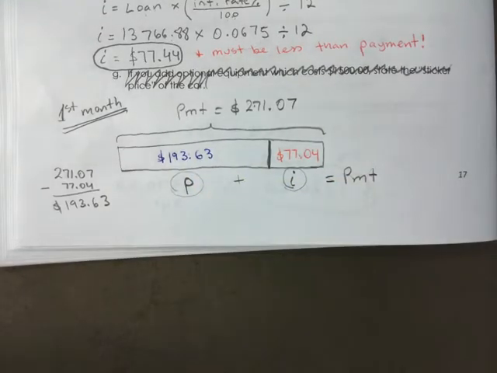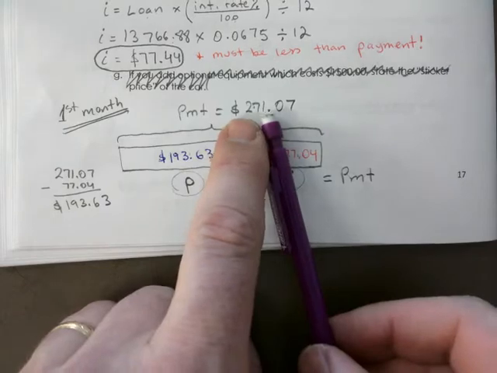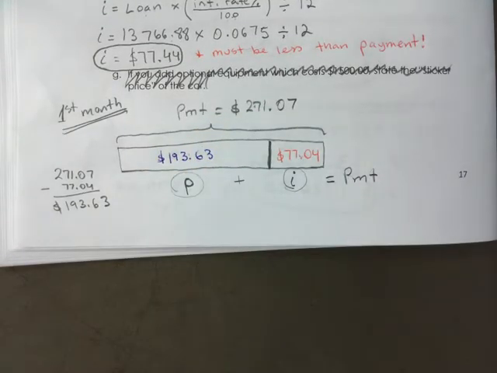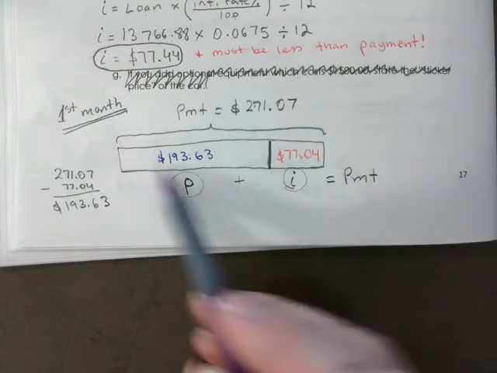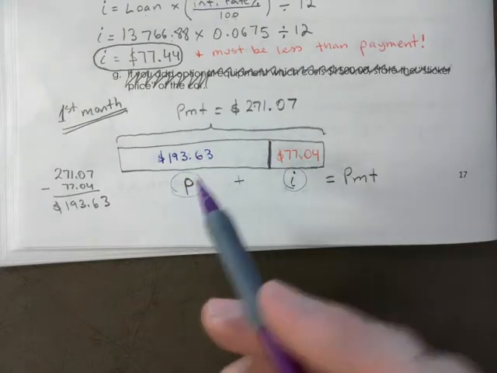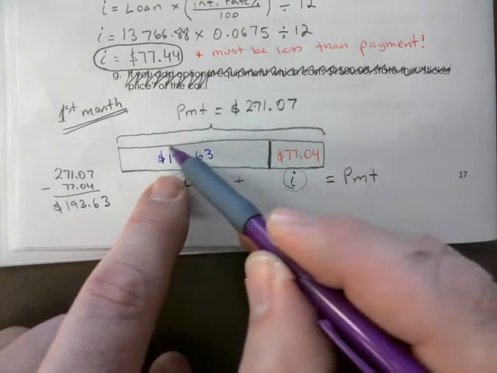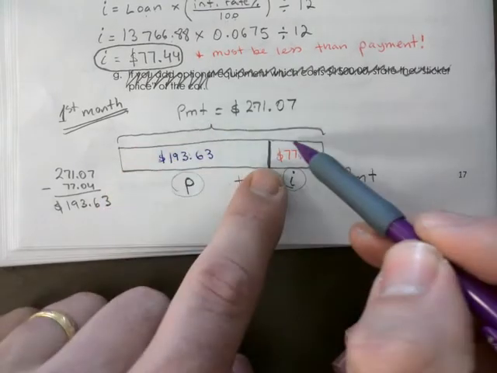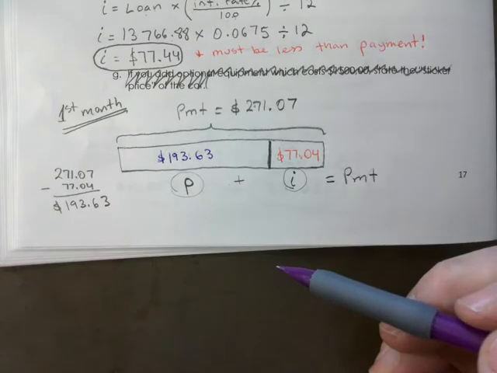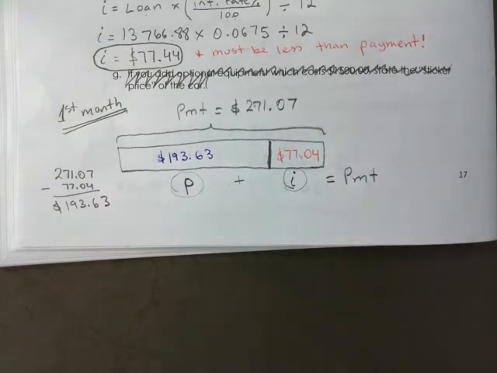These combined always make you the payment, right? So technically every single payment will be recalculated, and slowly over time this is going to go up and the interest that they charge you will go down, because you owe less. Every payment you make, you owe less and less, so the amount of interest slowly goes down.